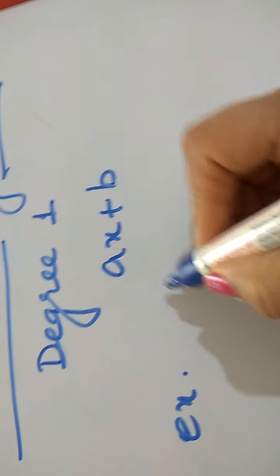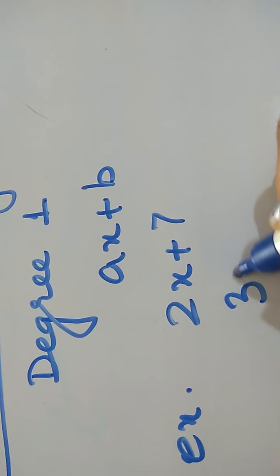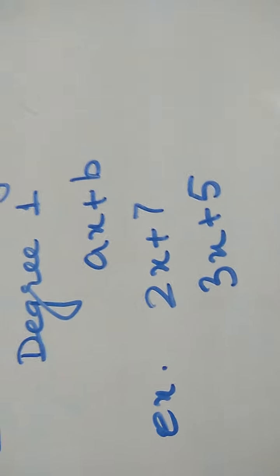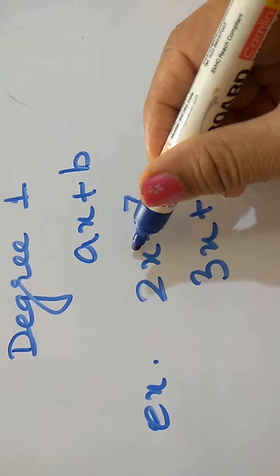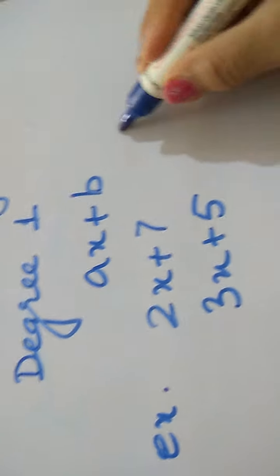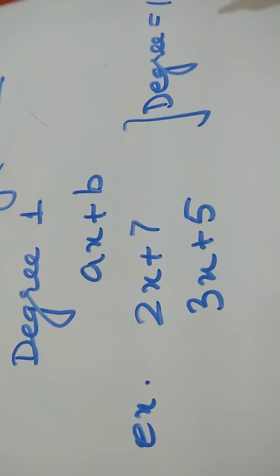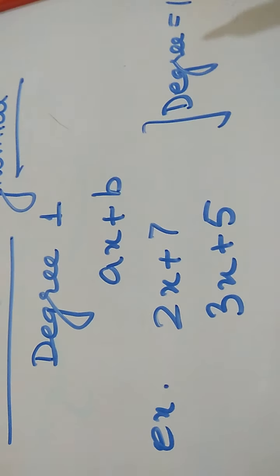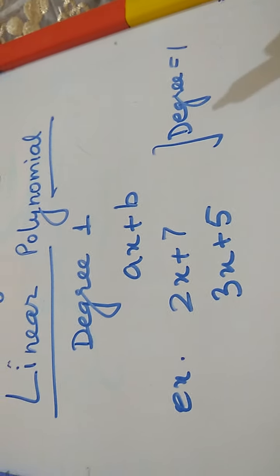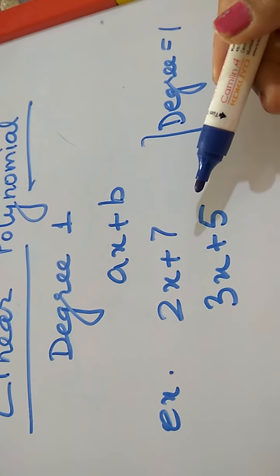And examples can be 2x plus 7, 3x plus 5 and so on. Here we can see that the power of x is 1. Nothing written means 1. So the degree of these polynomials is 1. Whenever the degree is 1, we get a linear polynomial. And when we plot the graph of this polynomial, we will get one straight line.